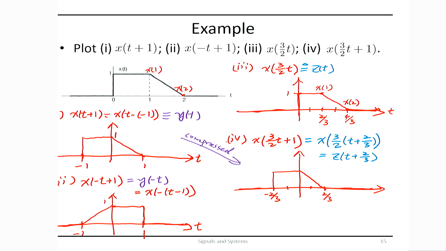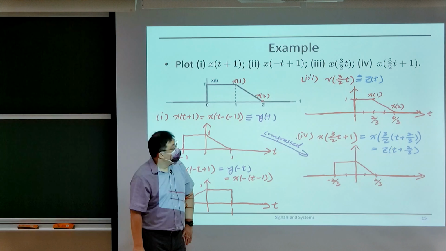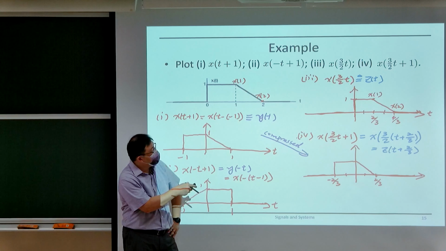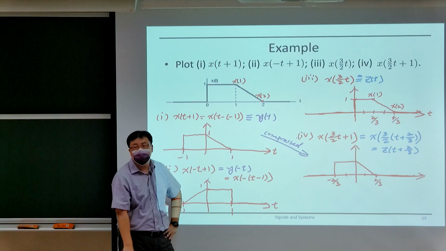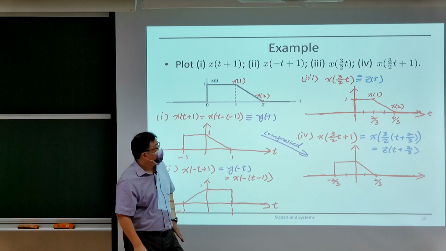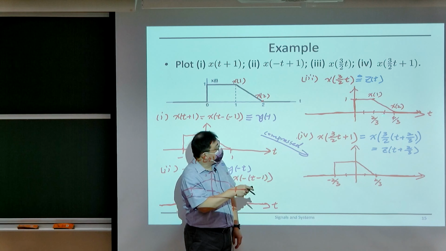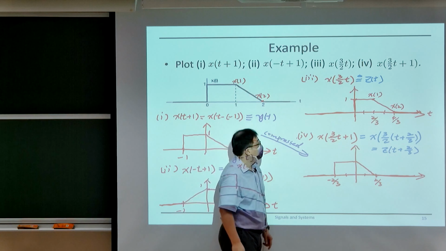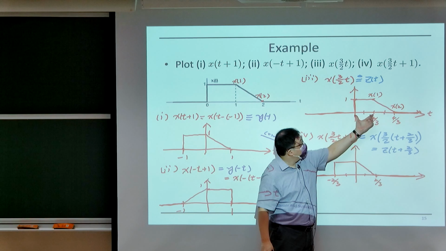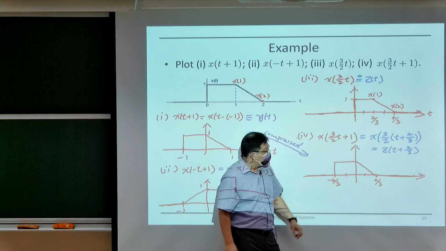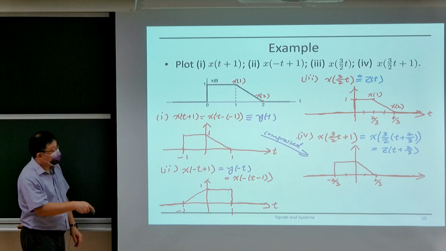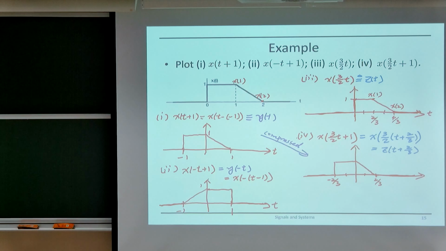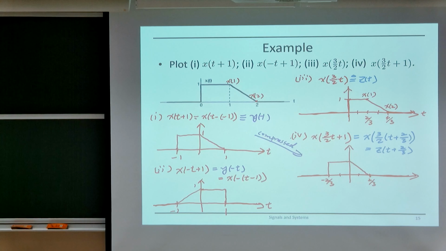So you're replacing t with t plus 2 over 3 in order to get this. If you want to view this as a time shift of this, you're actually shifting this to the left by 2 over 3. So doing it this way is also okay. It's just a little bit trickier.